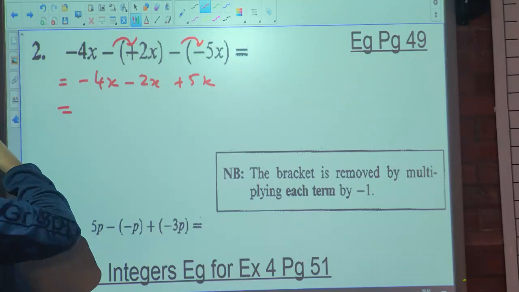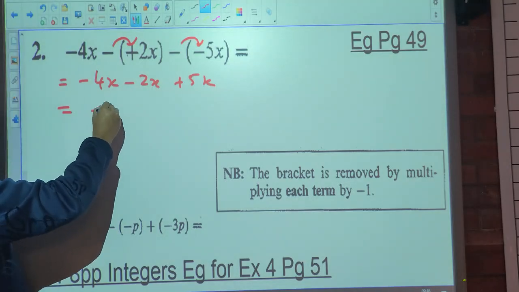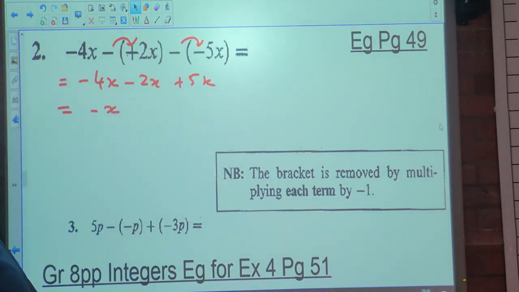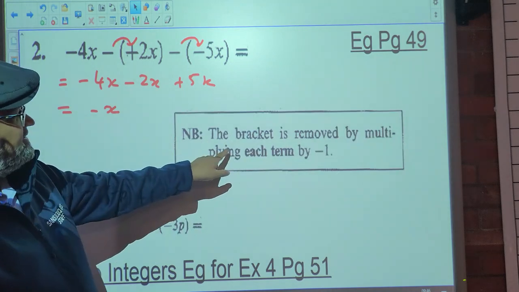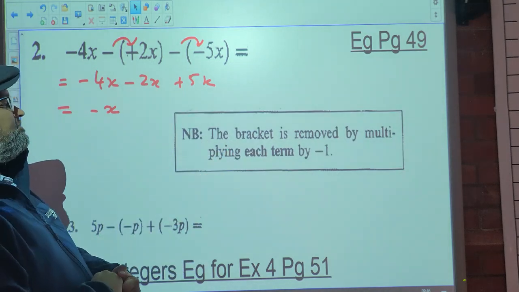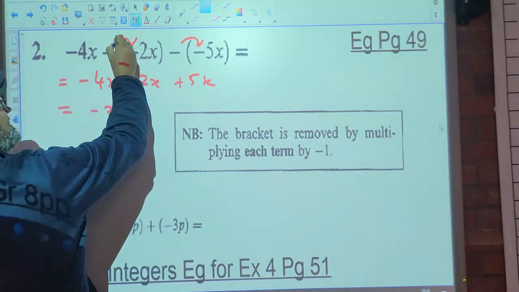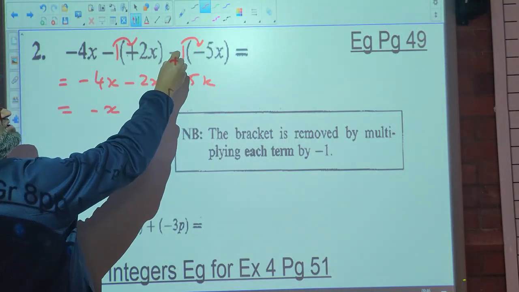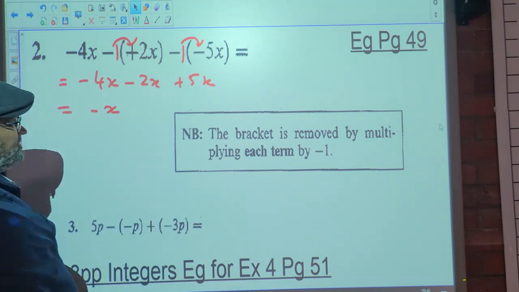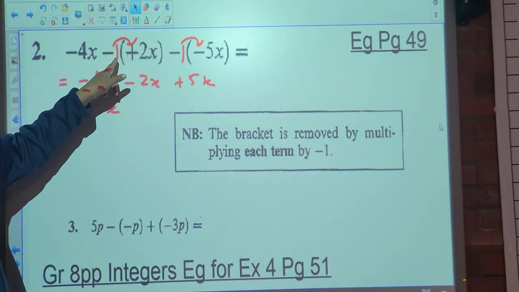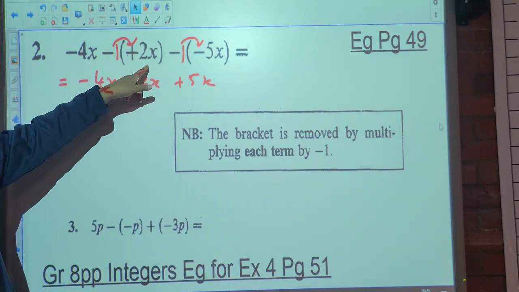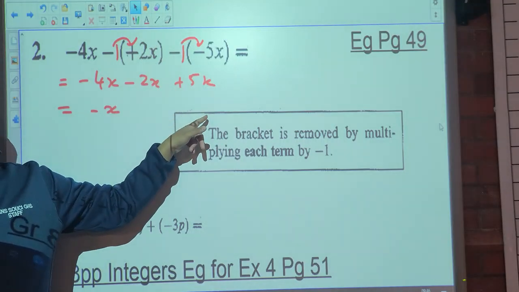Negative 6x plus 5x is negative 1x. Here we are told the bracket is removed by multiplying each term by negative 1. As you can see, there's a 1 here and a 1 there. And negative 1 times whatever number will be the negative of that number.